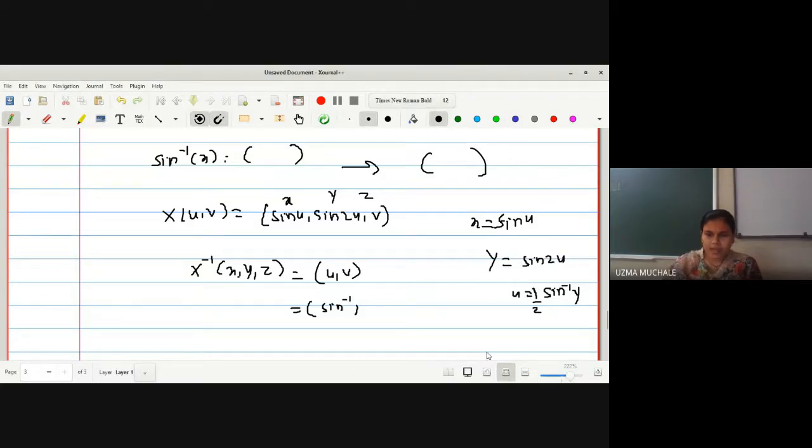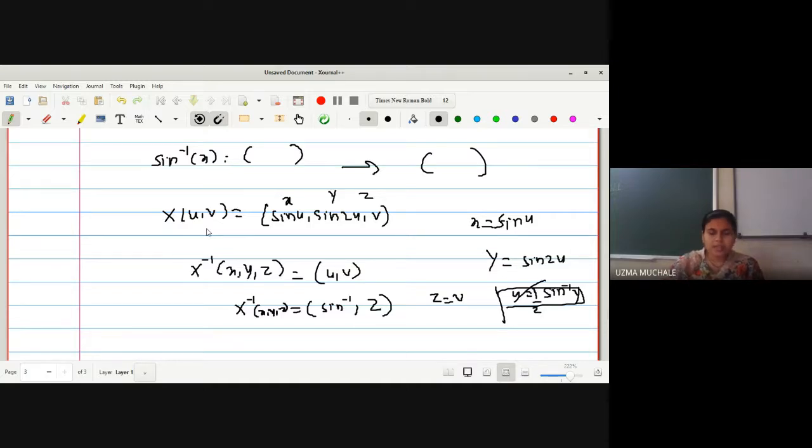Or you can write directly y is equal to sin 2u, and the third one, z is equal to v. So I can write this simply as the z coordinate is nothing but v. So we have now defined the inverse function, correct, because x is a function of u, v.